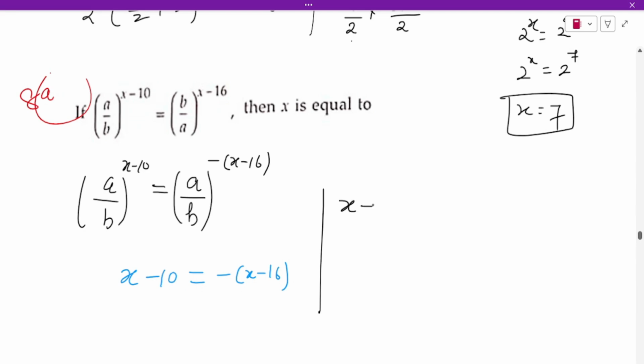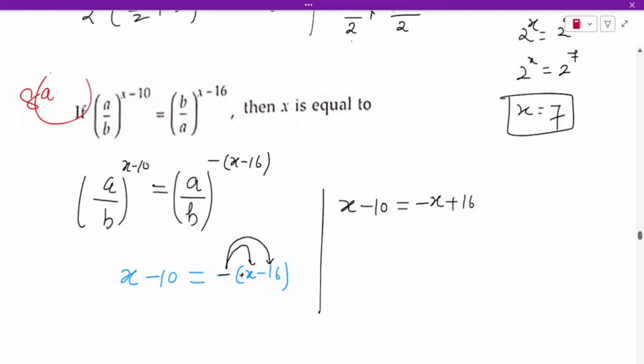So on the left, x minus 10 is equal to negative x there. This negative will be multiplied with the first term as well as the second term. So negative x, and here positive, so negative times positive is negative x, and this negative is positive 16.